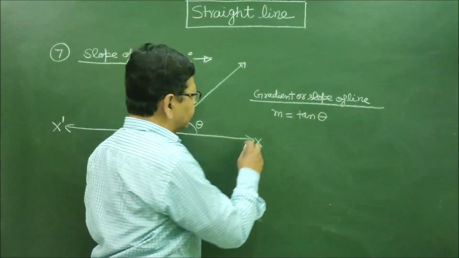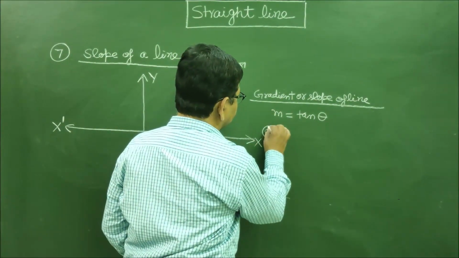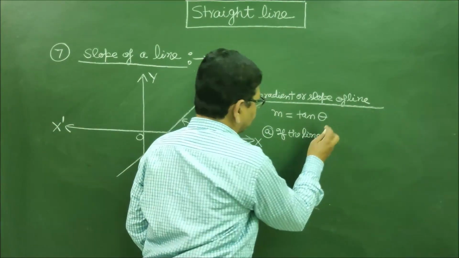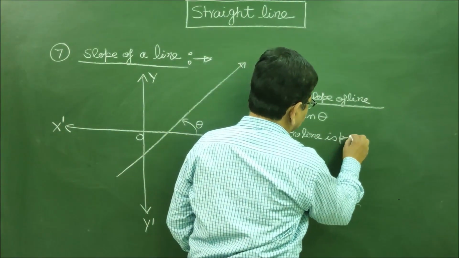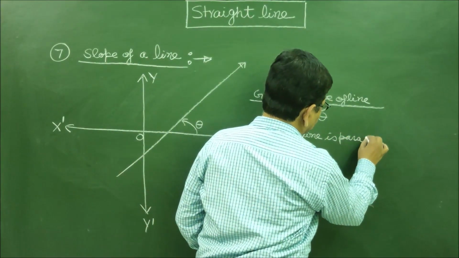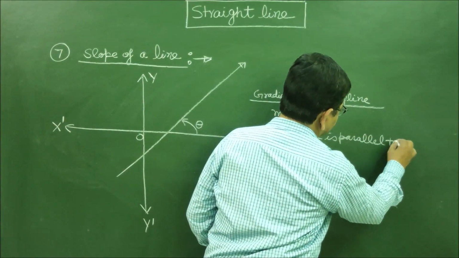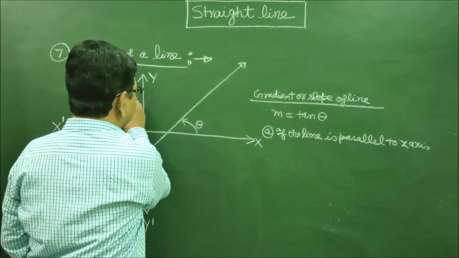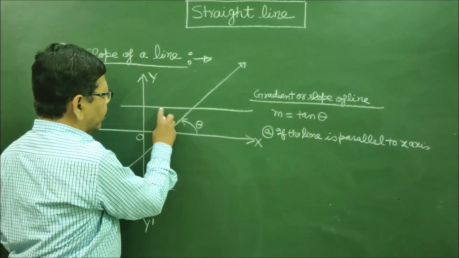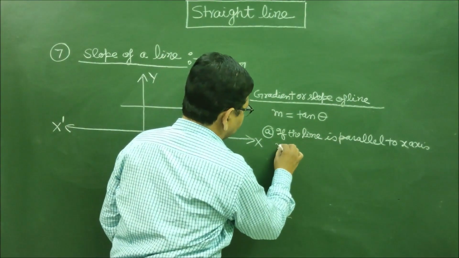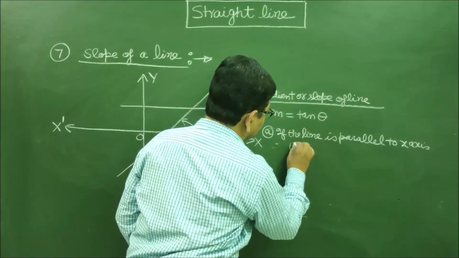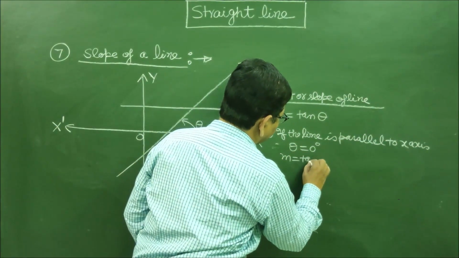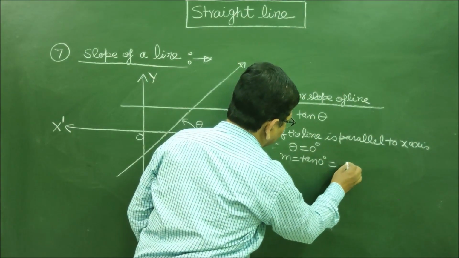Now if the line is parallel to the x-axis, that is like this, then it makes zero angle with the x-axis. So in this case theta is equal to 0 degree, and the slope of the line m is equal to tan 0 degree, which is equal to 0.